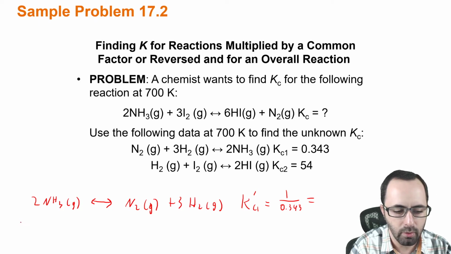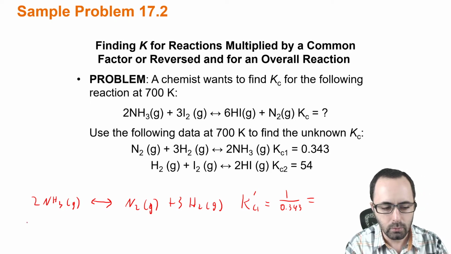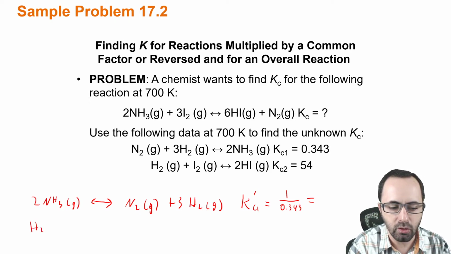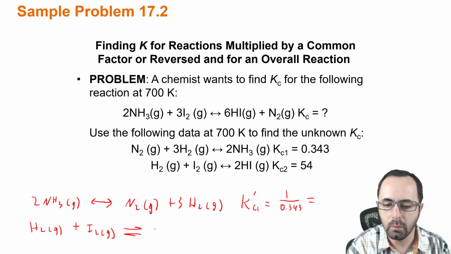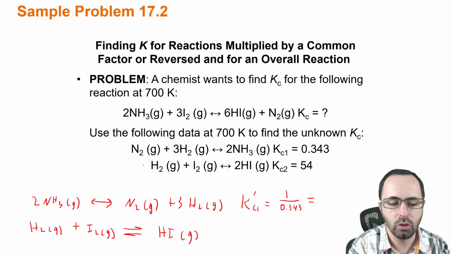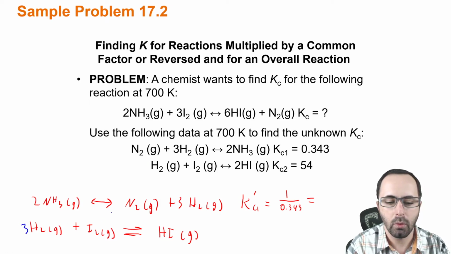So I'll write it out first. H2 gas plus I2 gas makes HI. There's 2 of them, but we're going to multiply this all by 3. So we're going to multiply the H2 by 3, so we get 3. We're going to multiply the I2 by 3, so we get 3.